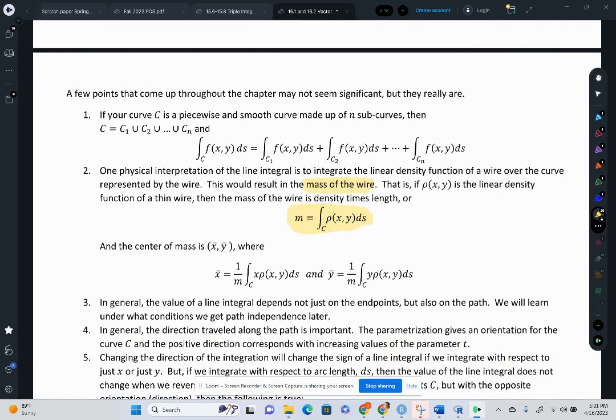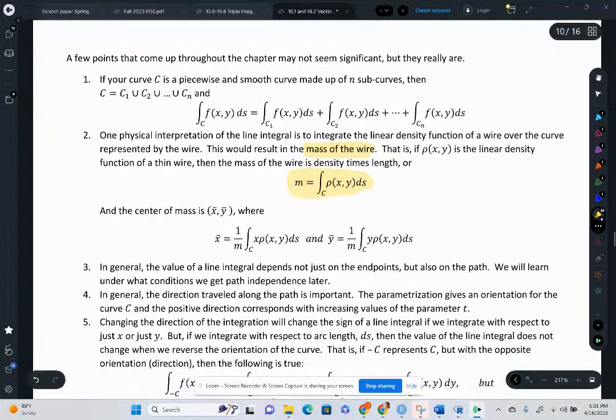Okay. In general, this is note 3, the value of a line integral depends not just on the endpoints, but also on the path. Now, this is in general. We will have some special cases that come up later on, but it is important to know that if we do not have a special case, then the value of our line integral will depend on the path and on the endpoints.